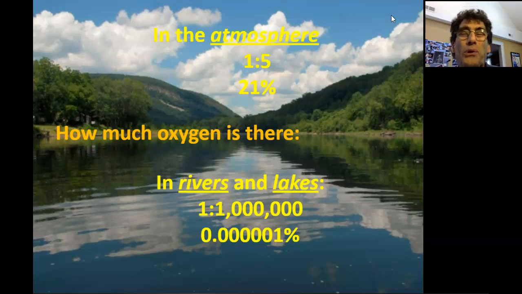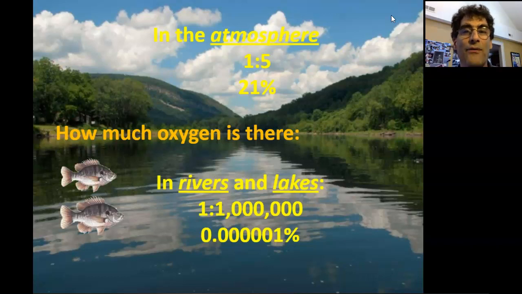That is so little oxygen. So now we know these fish have to have oxygen to live, just like we do. They may not need as much, but they need it. So if the oxygen level goes down in a river or lake, or in the ocean, just a little bit, the fish are going to die.